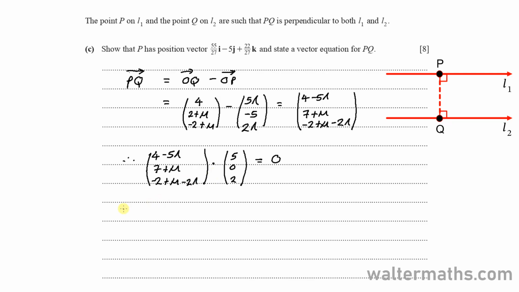So that's 5 of 4 minus 5 lambda, plus 0 times 7 plus mu, so that's 0, plus 2 of minus 2 plus mu minus 2 lambda, and that's equal to 0.